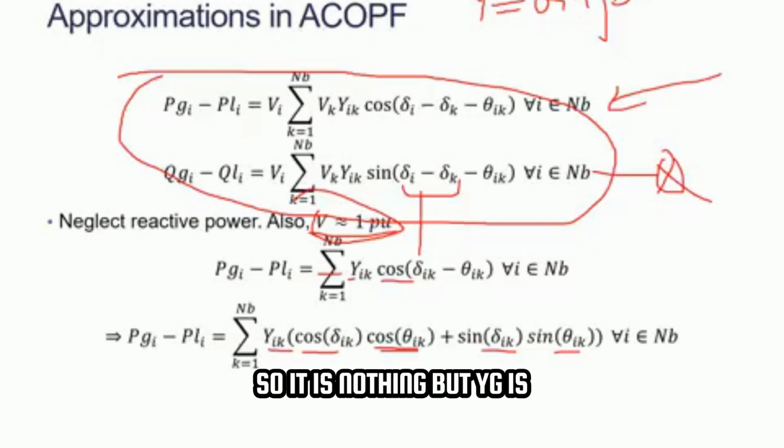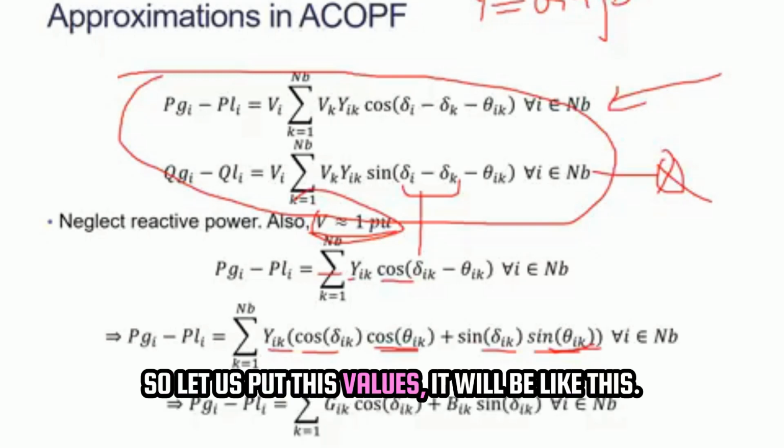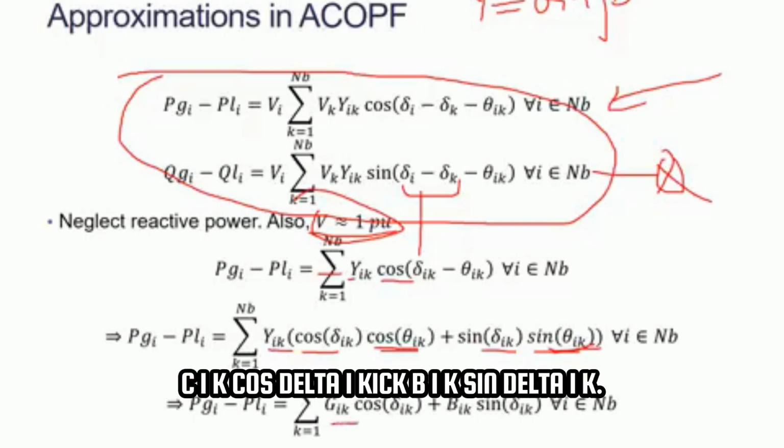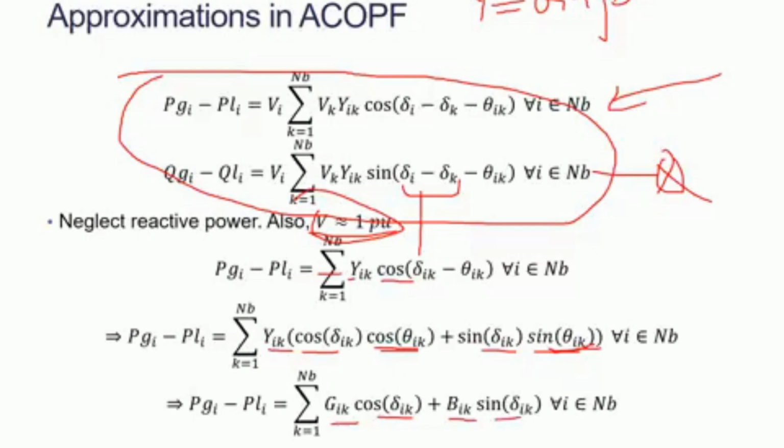So G is nothing but Y cos theta, B is nothing but Y sin theta. So Y cos theta will be GIK, and Y sin theta will be BIK. Let us put these values. It will be like this: GIK cos delta IK plus BIK sin delta IK.